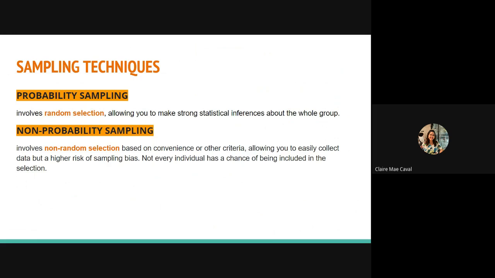When you say non-probability sampling, it involves non-random selection based on convenience or other criteria of the researcher, allowing you to easily collect data but with a higher risk of sampling bias, making for very weak statistical inferences. Not every individual has a chance of being included in the selection. So this is the difference between probability sampling and non-probability sampling.